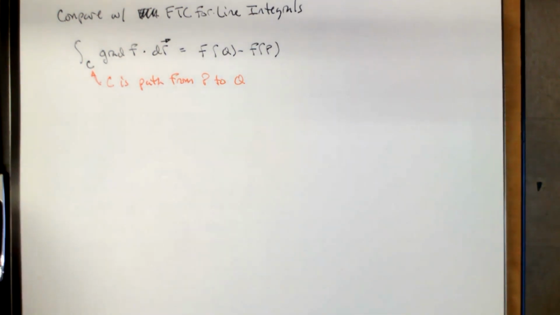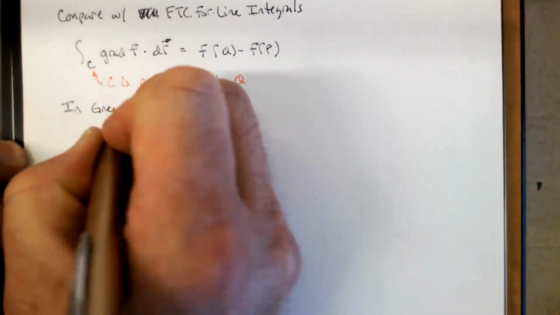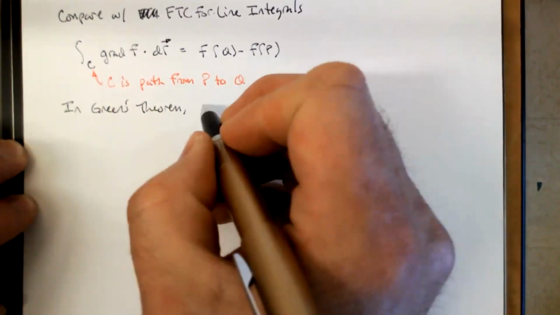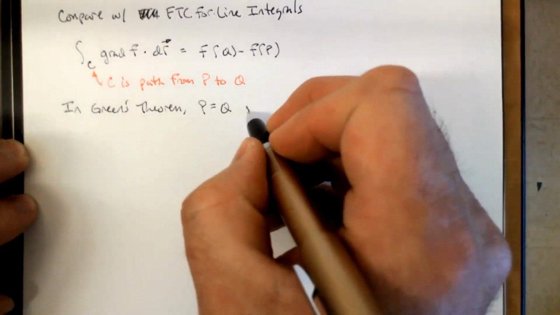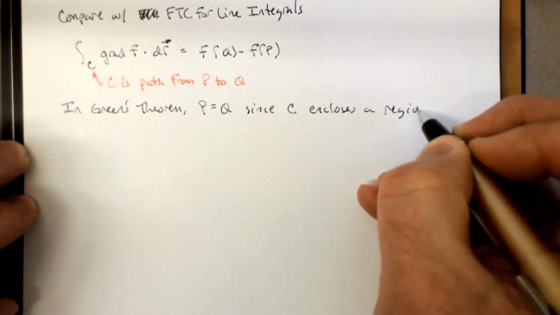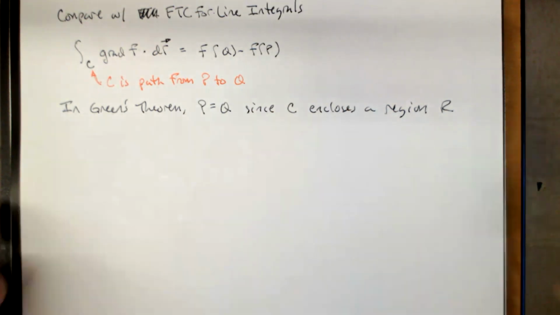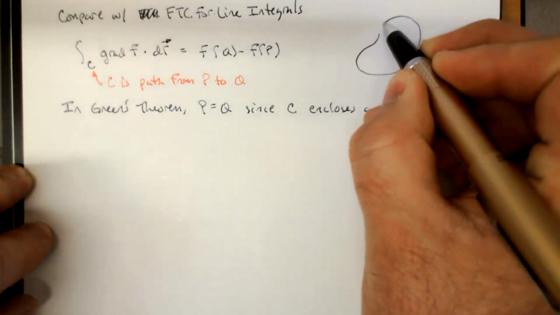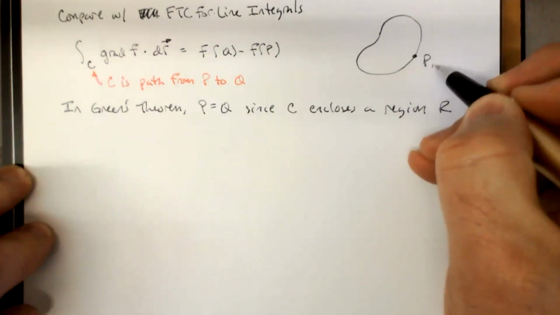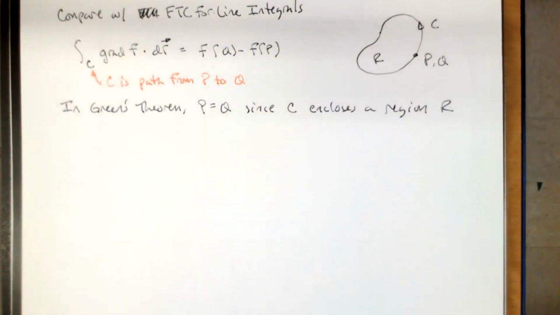So in Green's theorem, P is equal to Q because we're enclosing a region R. The point P and the point Q are the same.